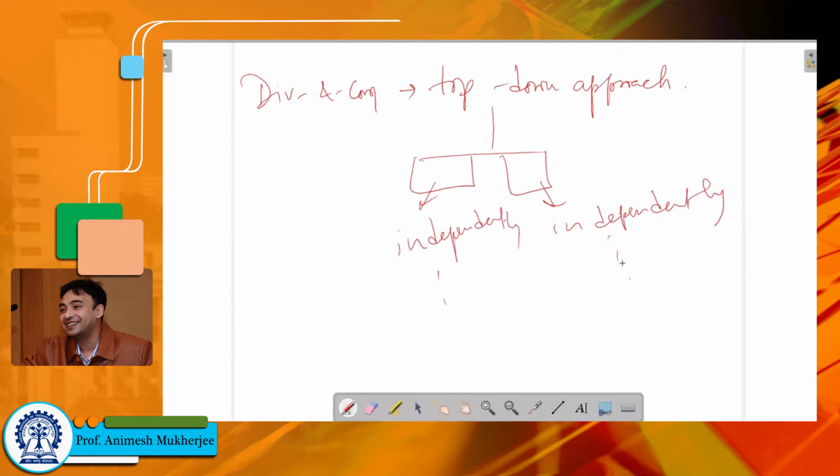Now recall the Fibonacci example that I gave you in one of the very first set of lectures. If you try to apply this divide and conquer approach to the Fibonacci number computation, we have seen that the recursion tree has many nodes where the same item is recomputed.